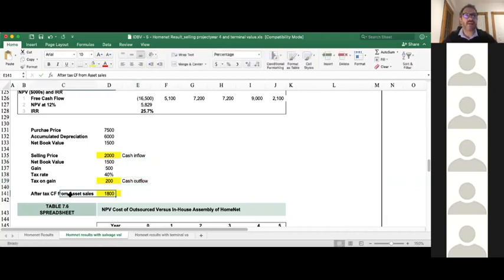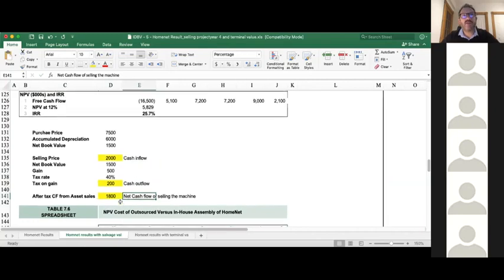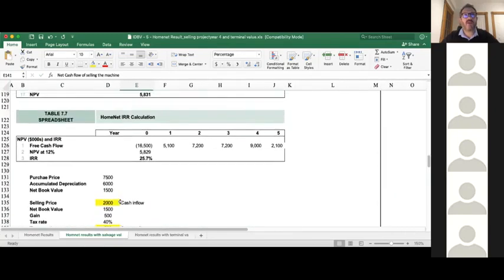So the after-tax cash flow from asset sales, which is actually the net cash flow of selling the machine, is 1,800. So we have to add this to the cash flows of our project.